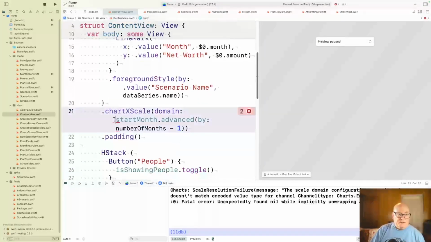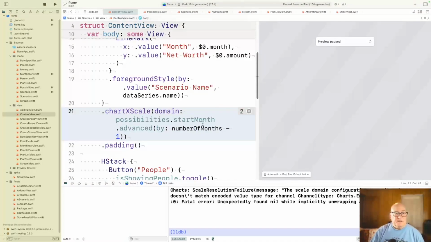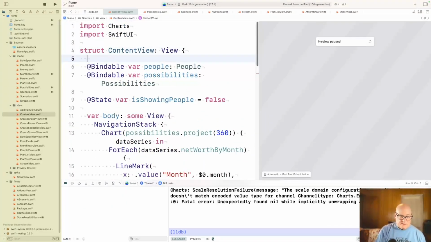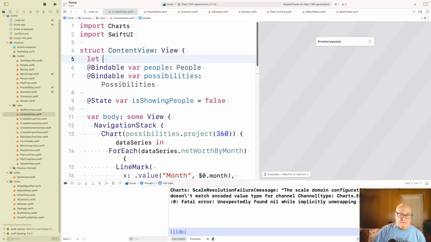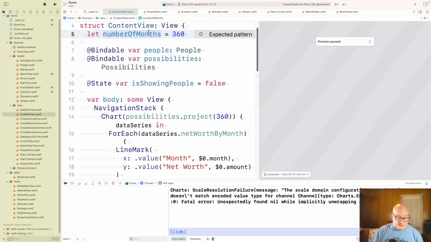So this is possibilities dot start month dot advance by a number of months, and let's just make a constant for that. Okay, and so now we can pass that in both places.